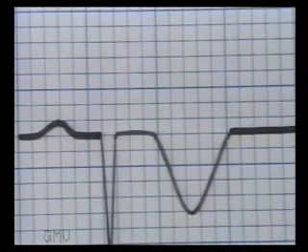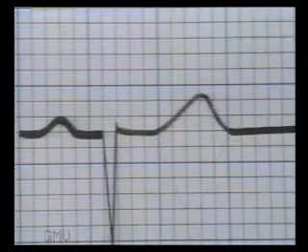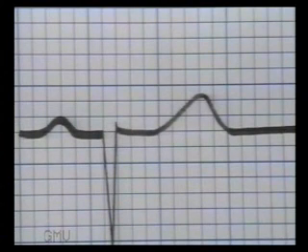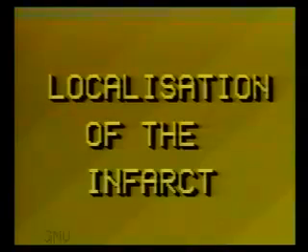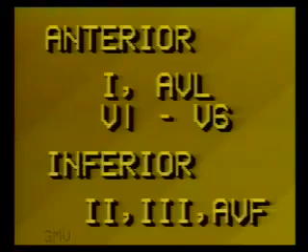Now a QS complex is formed with deeply inverted T wave during second and third week. And this is the picture after 3 months where the T wave has become upright and only a deep QS complex persists. Now that we have learned to recognize the typical changes in the leads facing the infarct, let us learn how to localize the infarct.